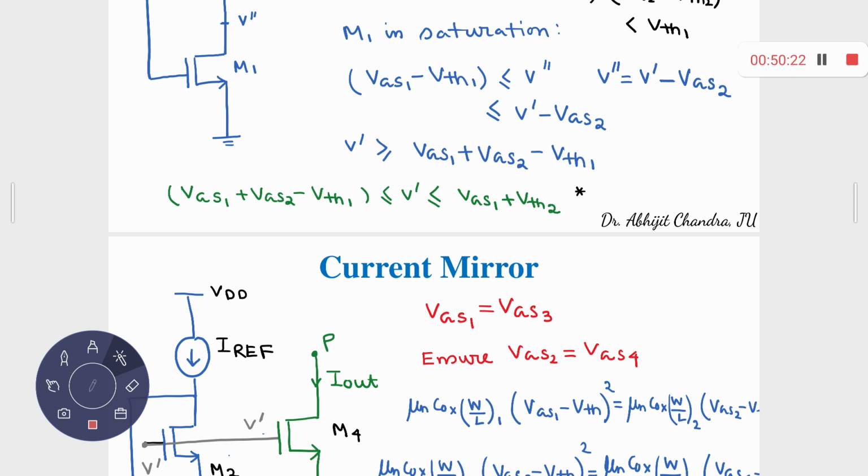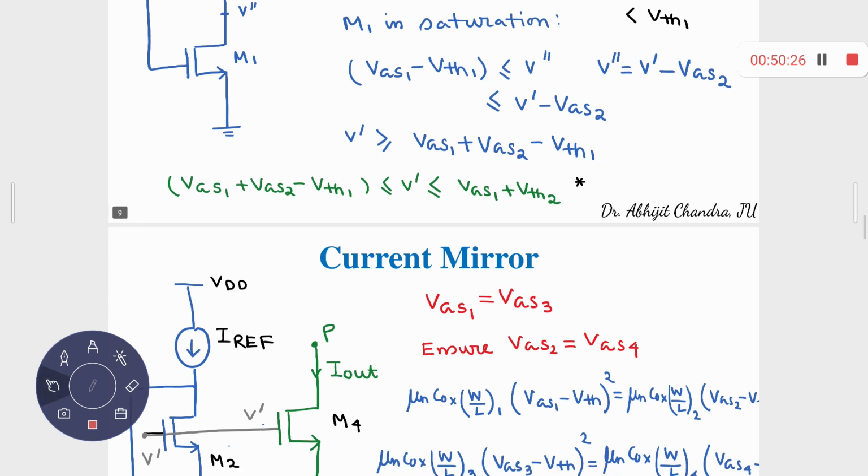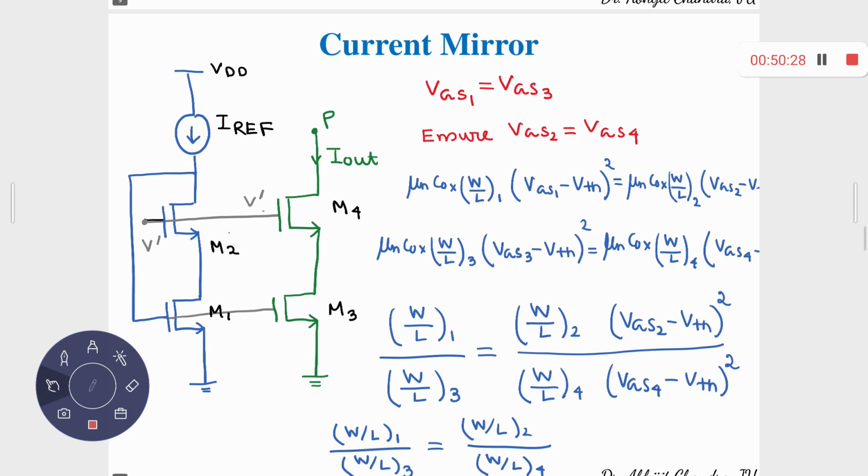That is the range, the minimum and maximum value, upper and lower limit. The right hand side is okay, the M3 M4 combination is okay. Still, we have to synthesize this V dash value. That is the final part.